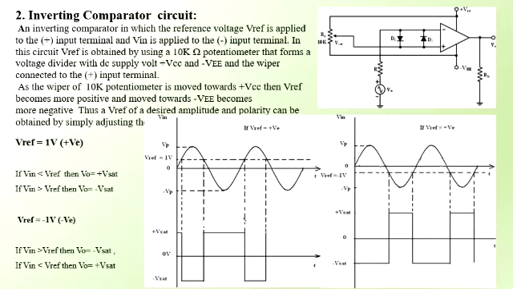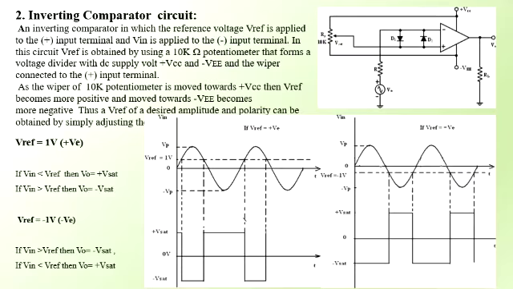Suppose once again the potentiometer moves toward the VCC, then the reference voltage becomes more positive. Similarly, if the wiper is moved toward the VEE, it becomes more negative, so V reference is more negative.